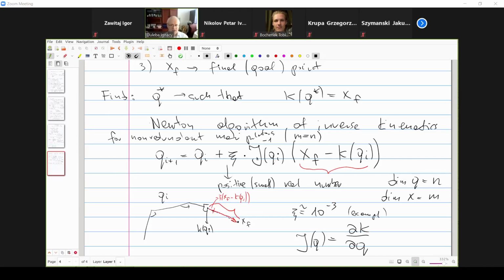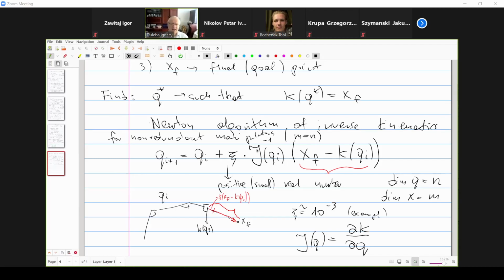Or in other words, the algorithm works well for regular configurations. Why? Because in this case, we will not have problems with inverting this, because the rank of this matrix is full.